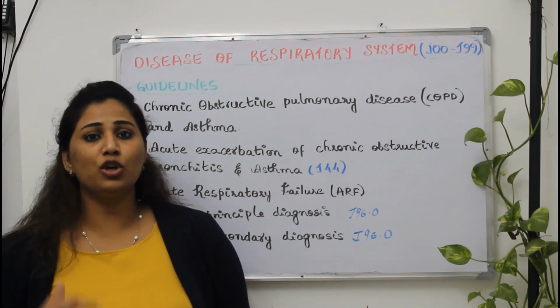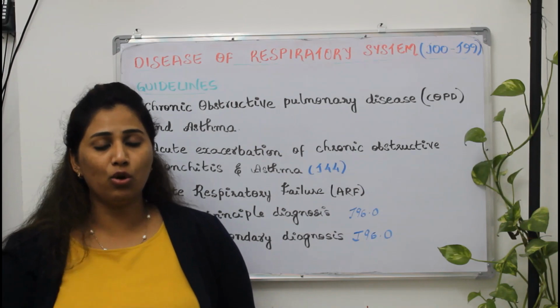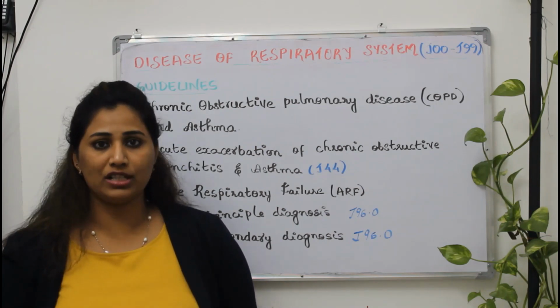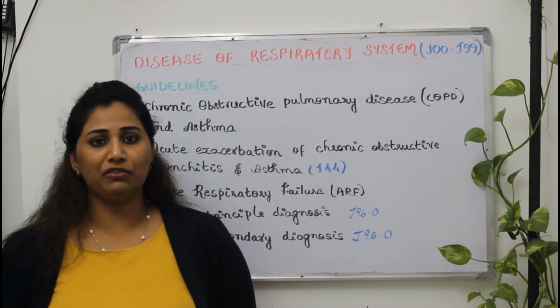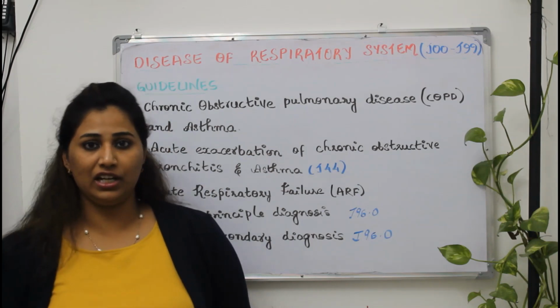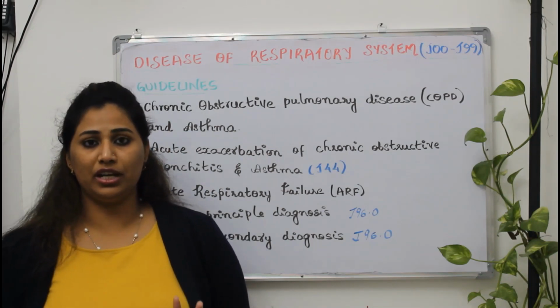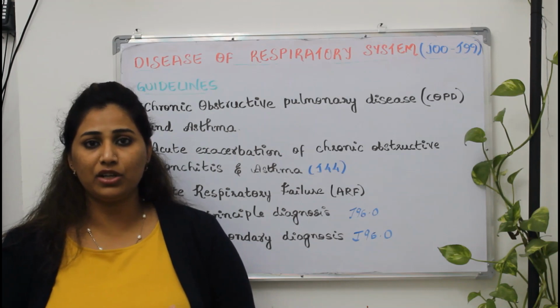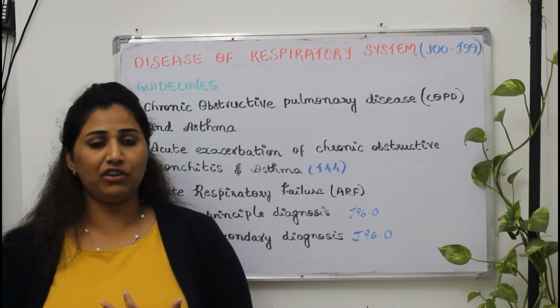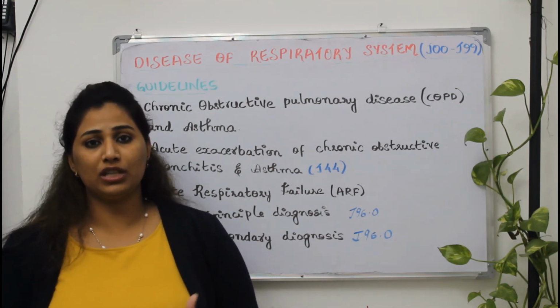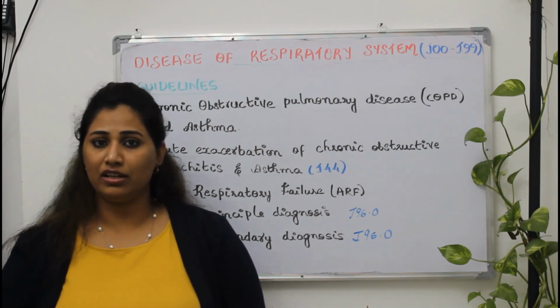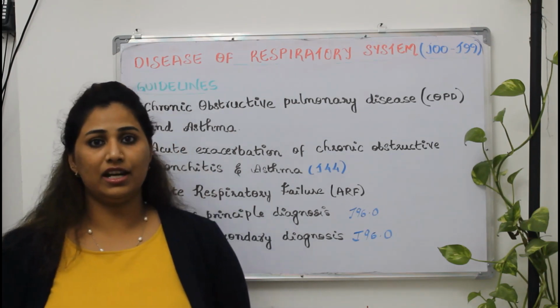In this case, your primary diagnosis will be the overdose, the poisoning, and the secondary diagnosis will be the respiratory failure. So these are the 2 scenarios for when to choose acute respiratory failure as a primary diagnosis and when to choose ARF as a secondary diagnosis.